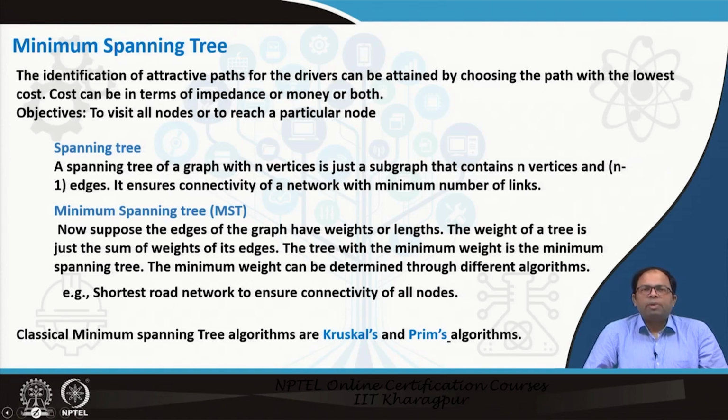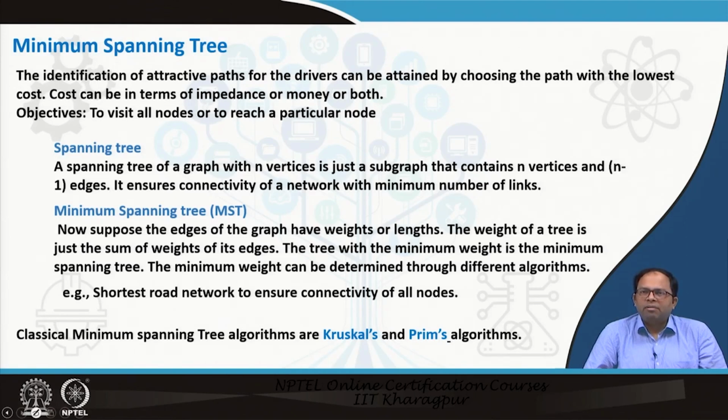Now a basic spanning tree is a spanning tree of a graph. A spanning tree of a graph with n vertices is just a subgraph that contains n vertices and n minus 1 edges. It ensures connectivity of a network with minimum number of links. That means in a big graph which has got n vertices, we determine a subgraph, that means a smaller graph, which contains n vertices.